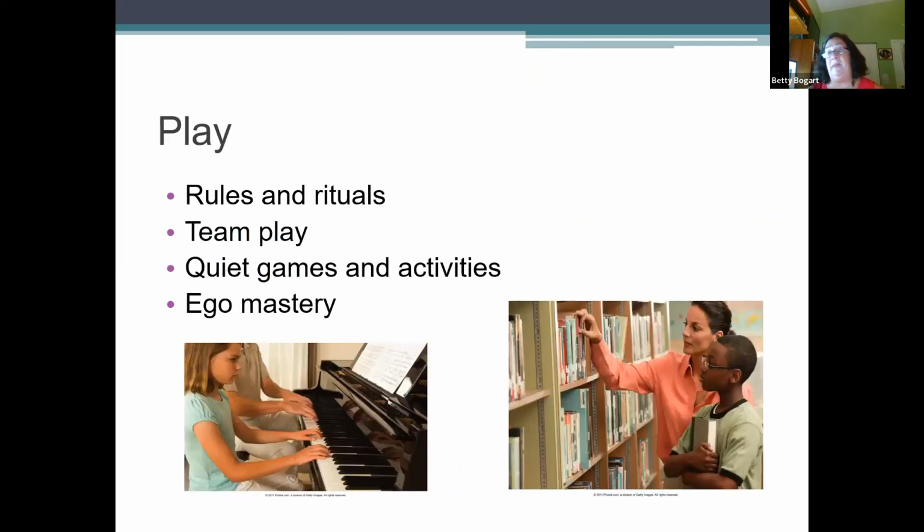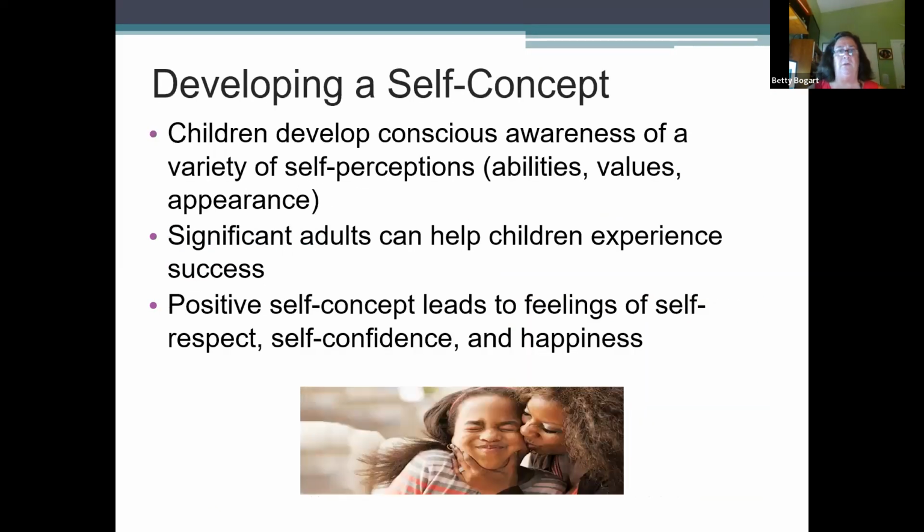Play, again, play. Children play. I mean, adults play. We're always doing something, and it keeps us alert. So it's the rules, it's the rituals, it's playing together, it's reaching a goal, it's doing something well, whether it's playing piano or how many books did you read this summer? All of these things, play, it helps these children grow.